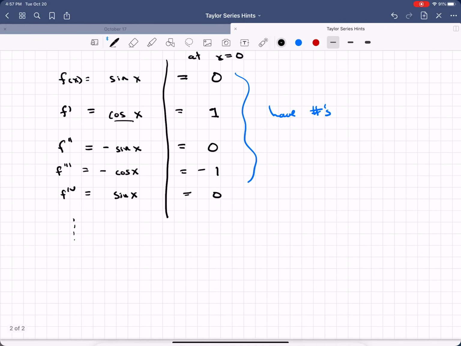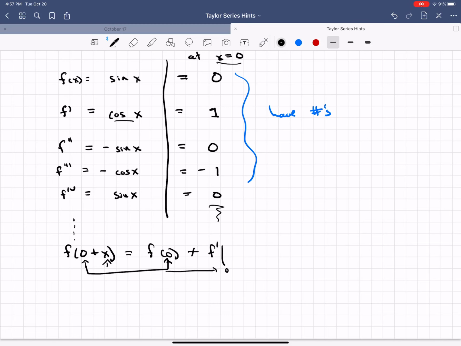And my goal here is expanding around the point 0, which is why I put 0 in and got my numbers. And then x is going to be the little distance away. So that's going to be f of 0, whatever is here is what's going in there, plus f prime at 0, that's what's going in there, times x. The x is what's coming out over here.